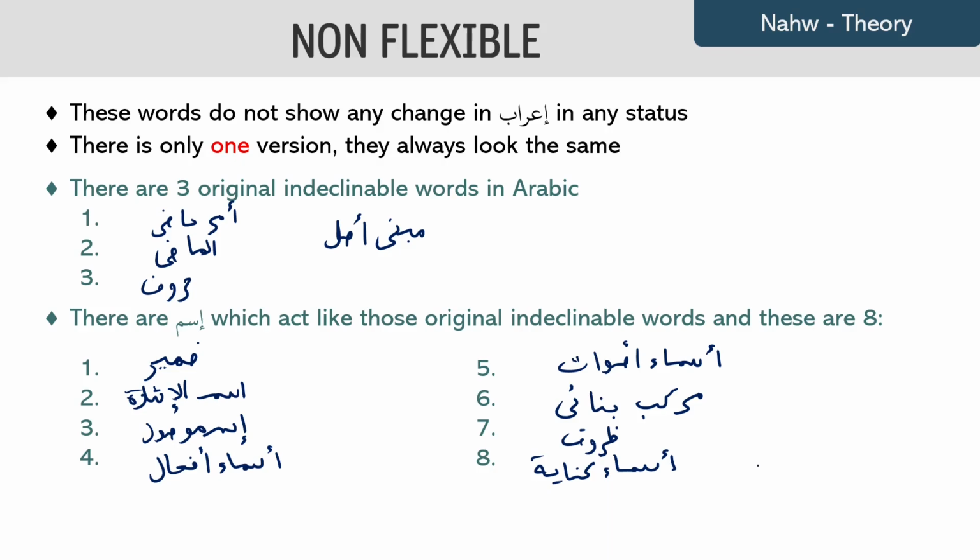Okay, so the rule for this, it's not really a rule, but essentially non-flexible words in Arabic look the same absolutely at all times. For example, the word hada in halat al-nasb is going to look like hada, and it's going to look the same in halat al-rafa and jar as well.